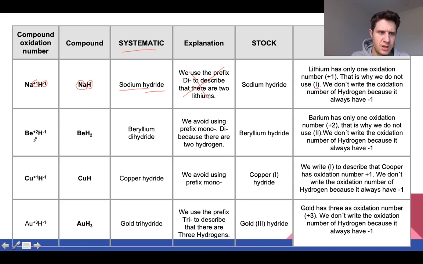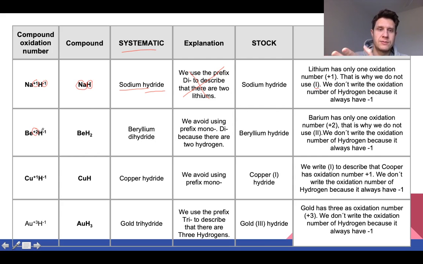Okay. Next example is beryllium, which has oxidation number 2, in the second column. Beryllium, magnesio, calcio, stroncio, bario, radio. All of that column have as an oxidation number 2.